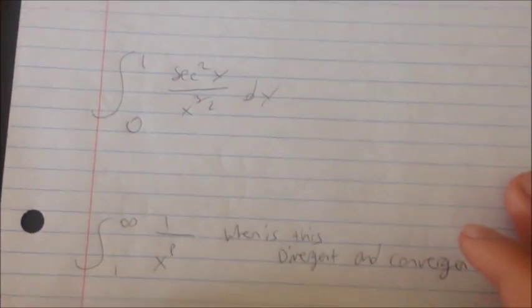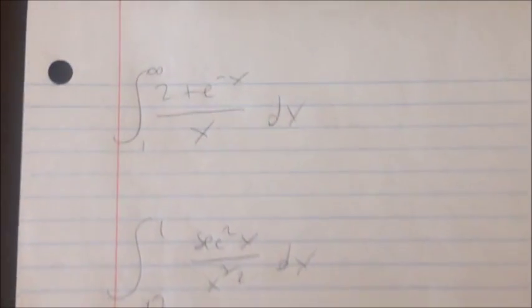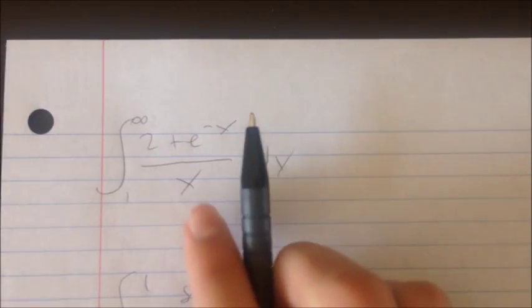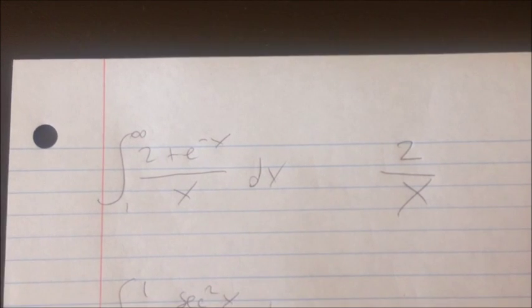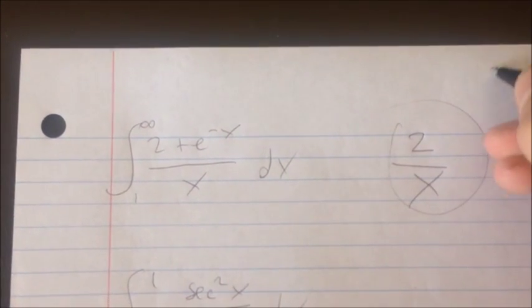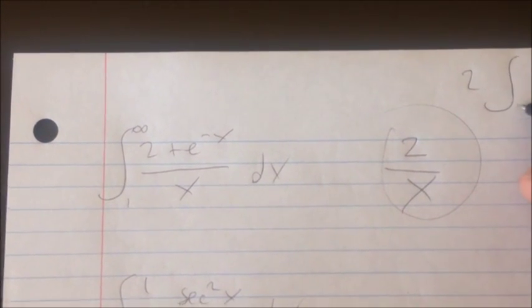Alright, these are 3 ones that we're not going to solve with the traditional methods. Okay, we have 2 plus e to the negative x over x. That antiderivative is not going to be very nice, but we don't really need to take the antiderivative. We can compare this to 2 over x. We know 2 over x diverges, because that's just 2 times the integral from 1 to infinity of 1 over x.